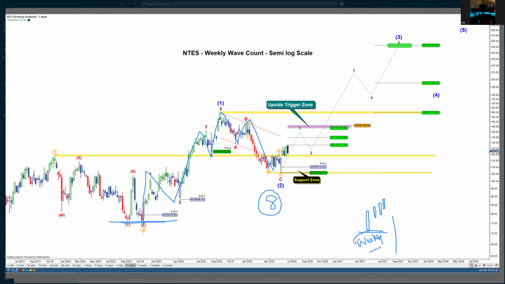Focus on a weekly candle. That's what matters. This is where the trend is defined. Not on a daily time frame, not on a 4 hour time frame, not a half day chart, not a 1 hour time frame, not a 15-minute time frame. It's just all noise.